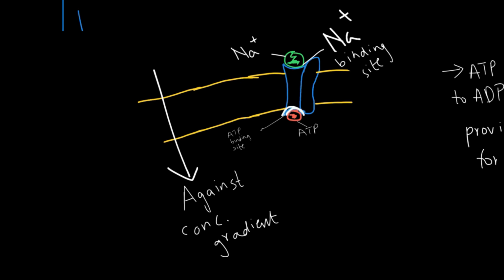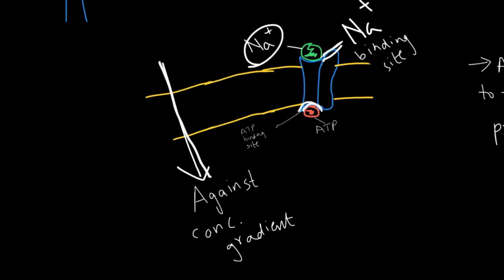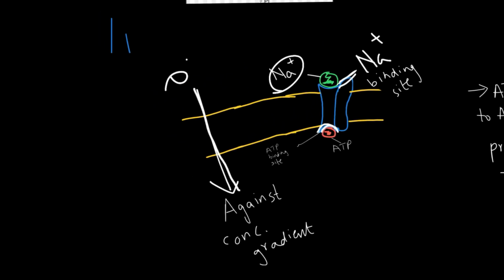This one is for ATP, and this one is for any molecule that attaches right here. It could be a potassium ion, a sodium ion, a glucose molecule, anything of that sort. But what we have to remember is that it's against the concentration gradient. So this means they're fewer in number here and they're more in number here. However, they still travel from a lower concentration to a higher concentration, right?